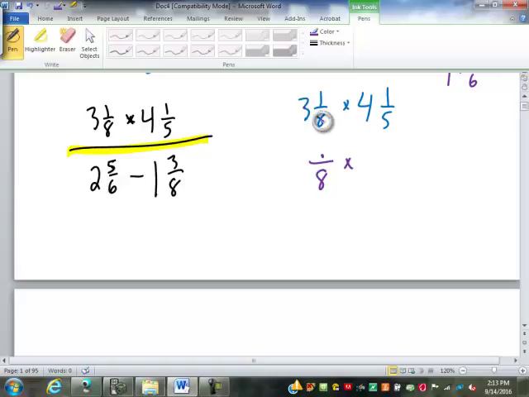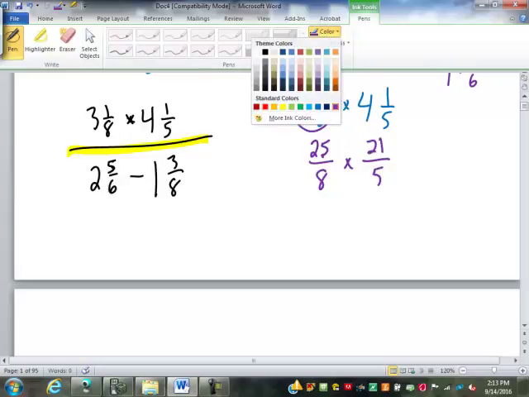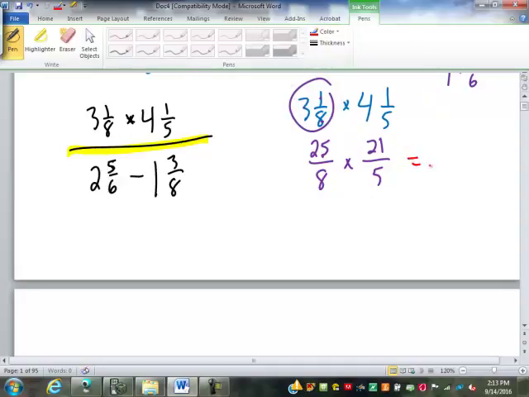Three times 8 is 24. Plus 1 is, there we go, 25/8, right? Changing the 3 1/8 into an improper fraction. So then the 4 1/5 is going to become 21/5. Good.